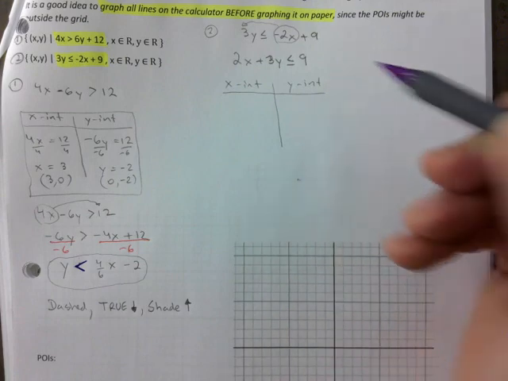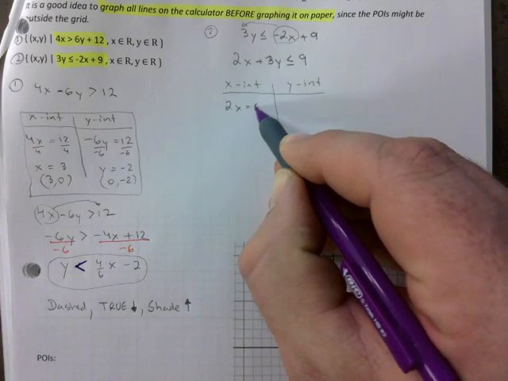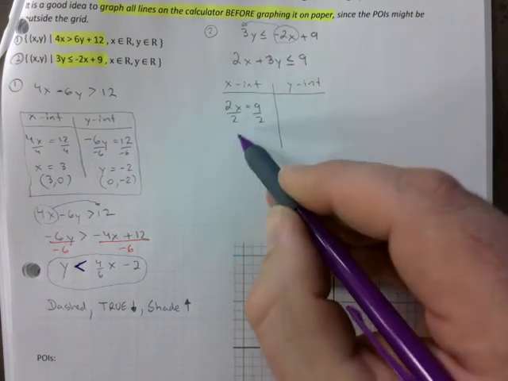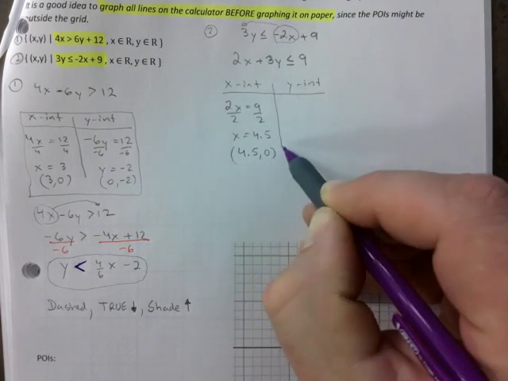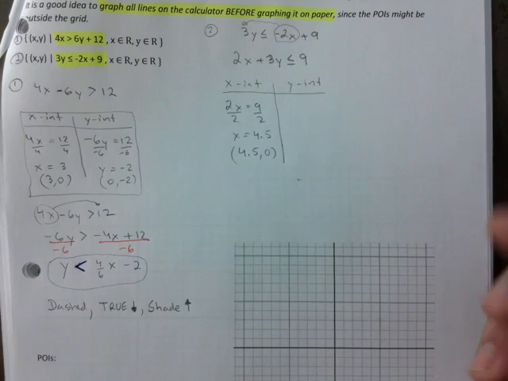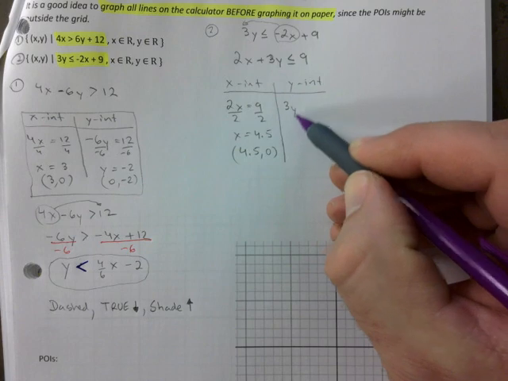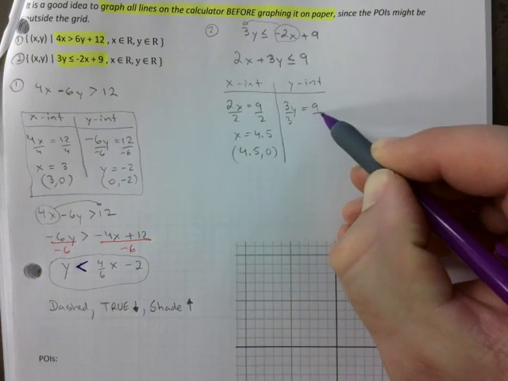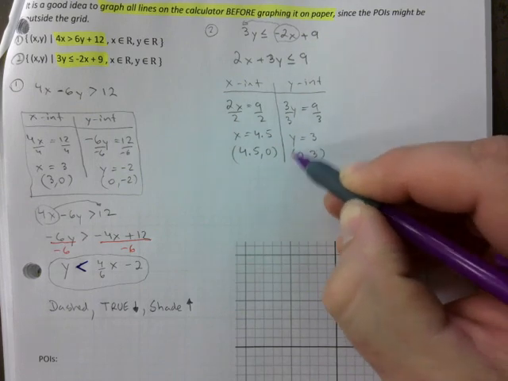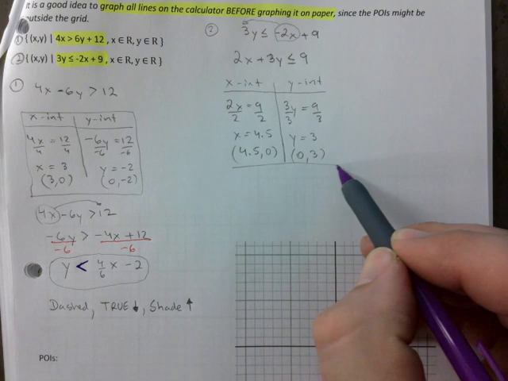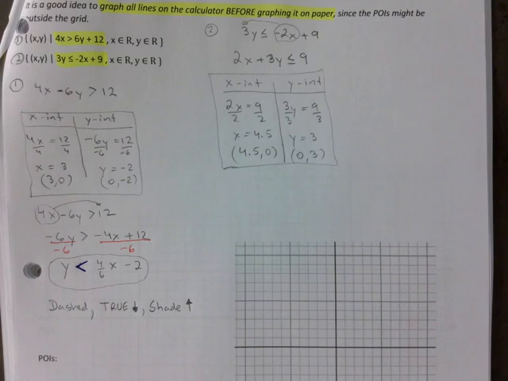If I go a little fast with this stuff, it's because I want to get to the graphs. So this is 2x is equal to 9. X is equal to 4.5. This is (4.5, 0). Next, you have 3y is equal to 9. Y is equal to 3, so (0, 3). Purely for graphing purposes, this one.